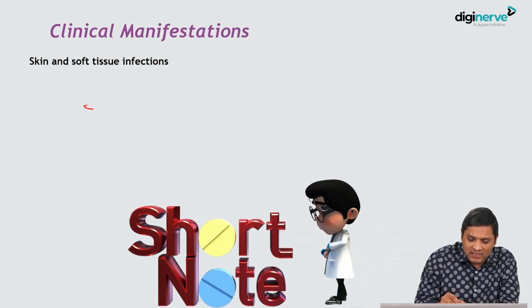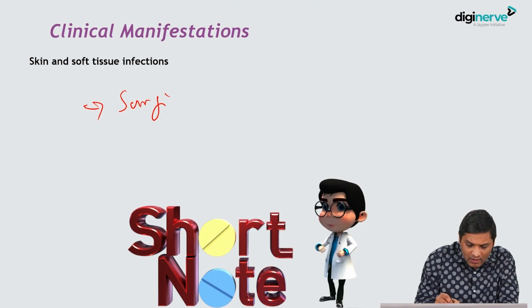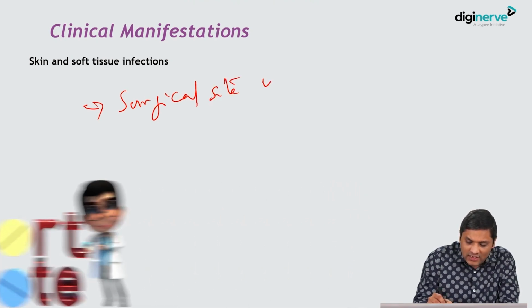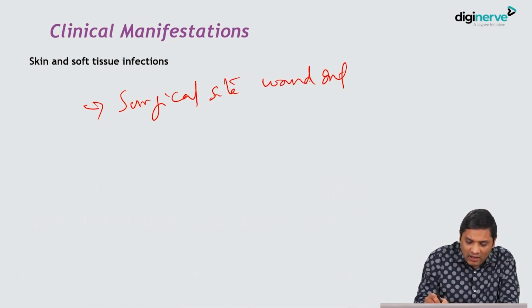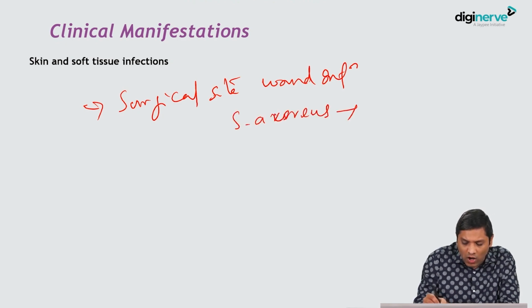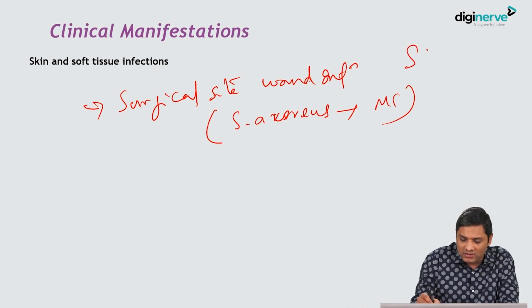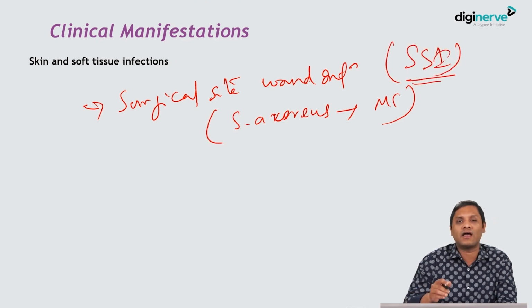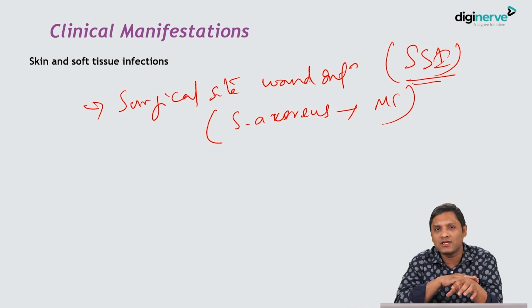Those include surgical site wound infection. Please remember that Staph aureus is one of the most common organisms to cause a surgical site infection. I told you that they are skin flora.